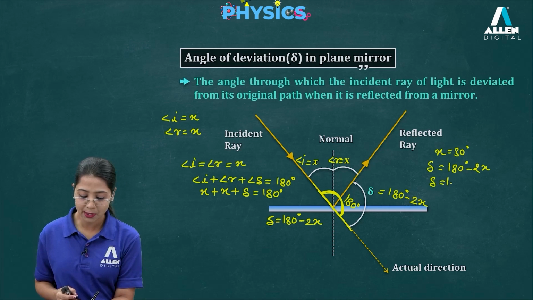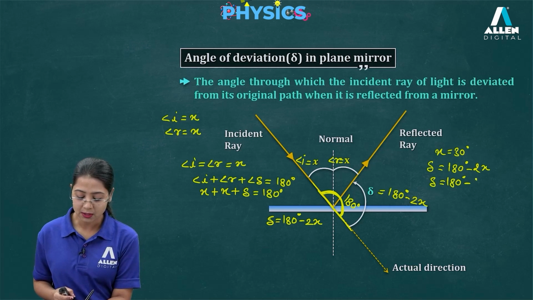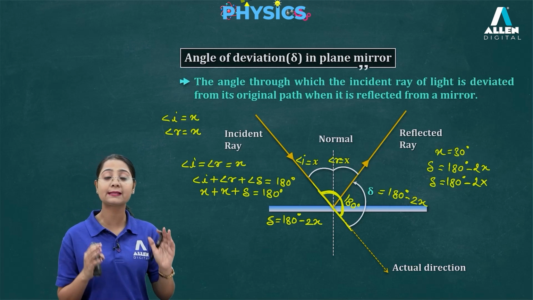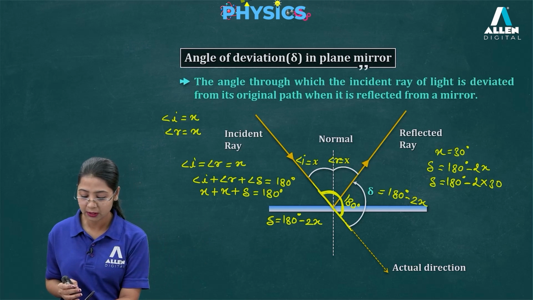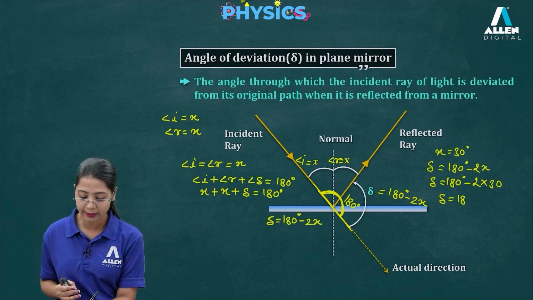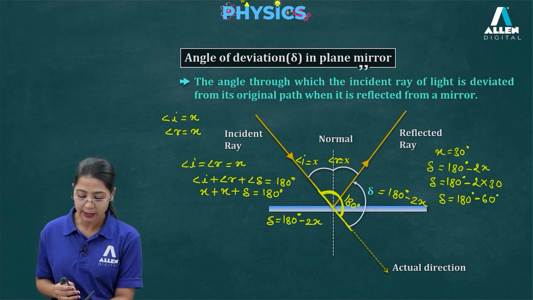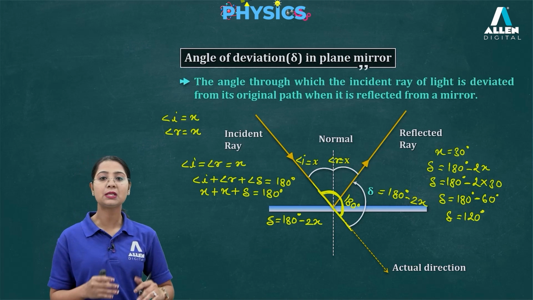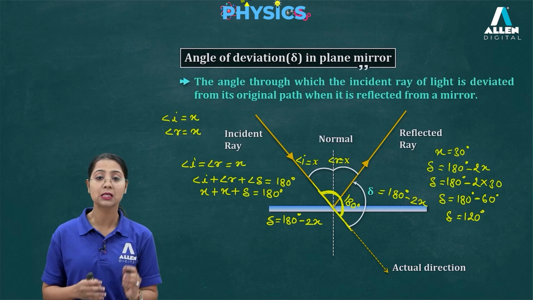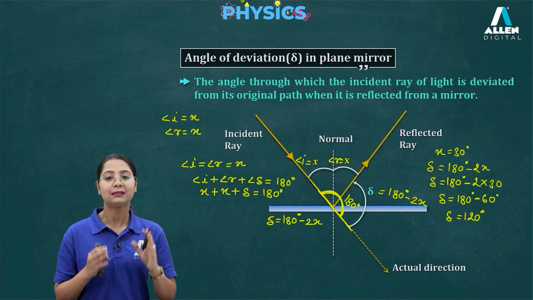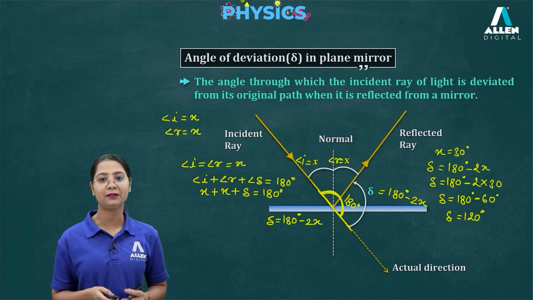So here del will be 180 degree minus 2 into X, and X is 30 degree. So del will be 180 degree minus 2 into 30, it's 60. 180 degree minus 60 degree, it's 120 degree. That means the angle of deviation is 120 degree, students. That is how we can find the angle of deviation.